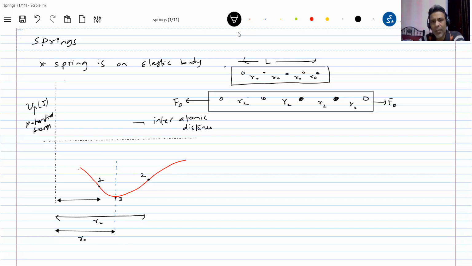The distance between atoms is R naught. So as I apply some external deforming force, the distance between atoms will become R2. Similarly, I can apply some deforming force where the length of the body will decrease. Then the distance between atoms will become R1.